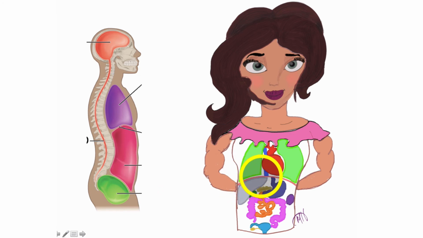Separating the thoracic cavity from the abdominal cavity is this broad skeletal muscle known as the diaphragm. It's the major muscle of respiration, but it is diagnostic in differentiating between the thoracic cavity and the abdominal cavity.